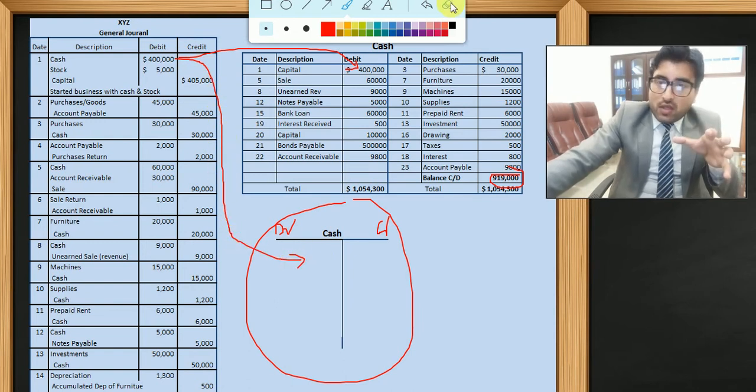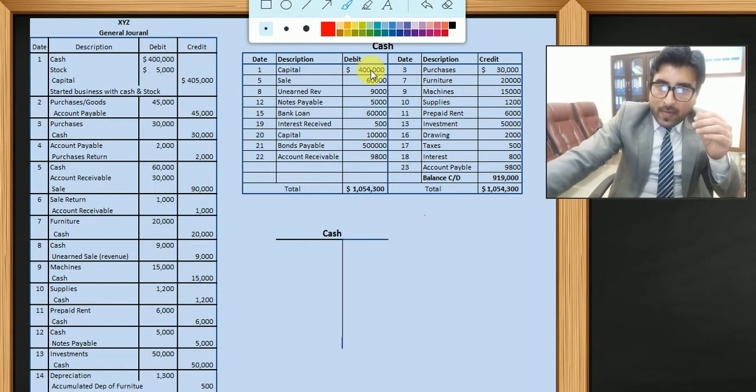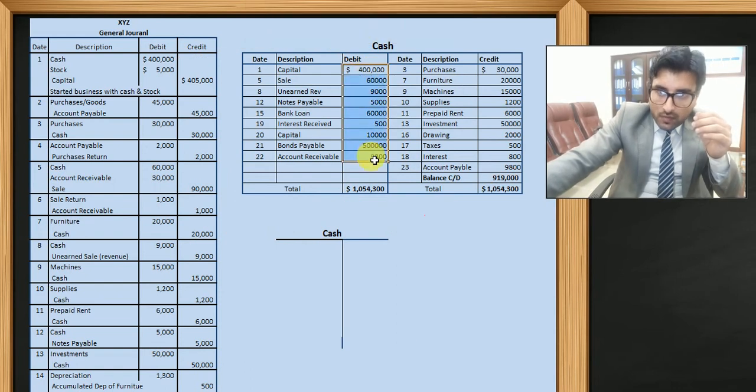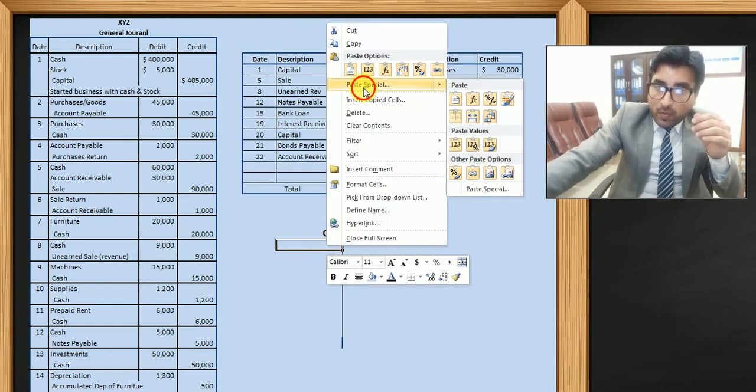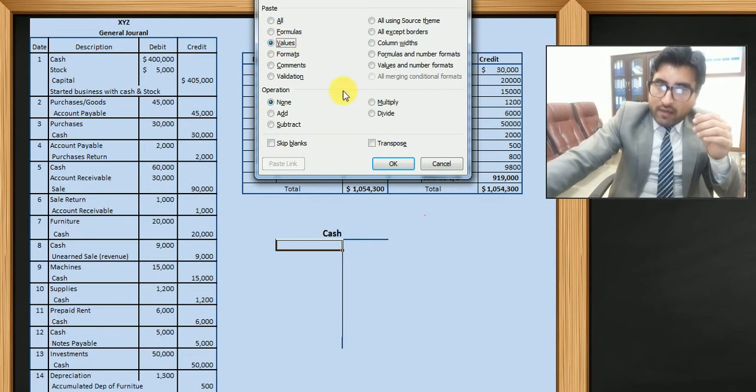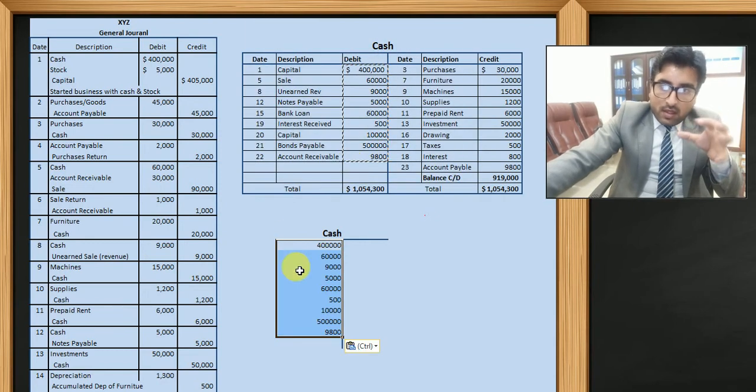So what we are doing right now here, I'm just copying all these values, copy, and just paste it here. But right click and click on paste special and click on values. Why? Because paste special is used to copy only the values. I'm not interested in the format, the formula or whatever, because sometimes it creates a problem.